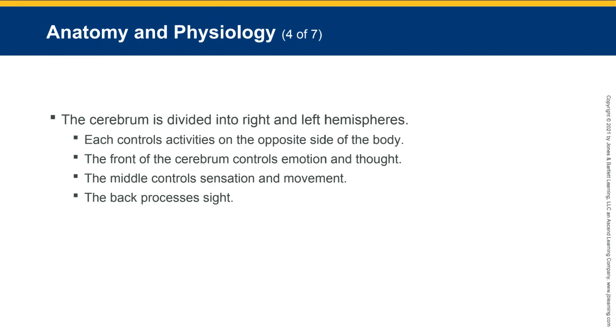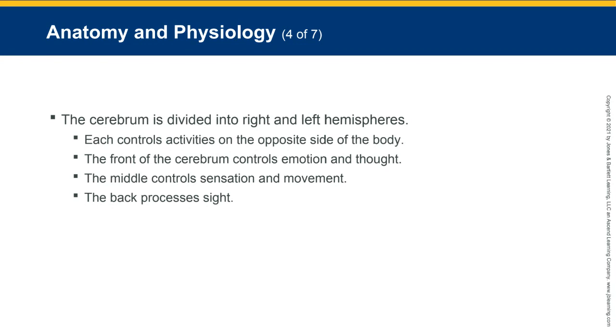So again, the cerebrum is divided into the right and left hemisphere. The left brain controls the right side of the body. The right brain controls movement on the left side of the body. Let me repeat that.